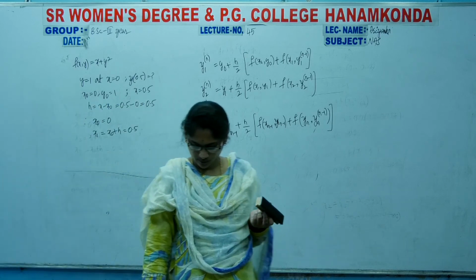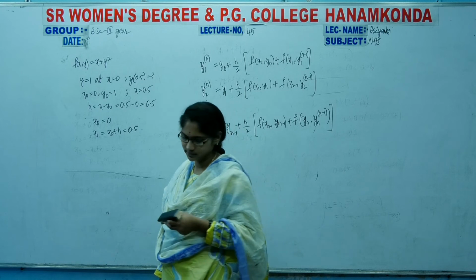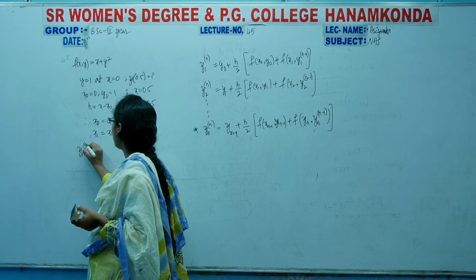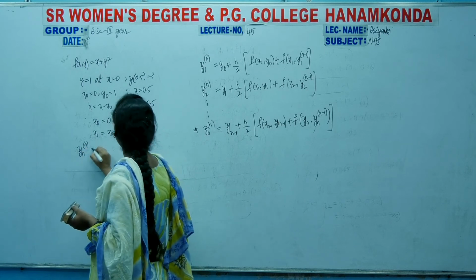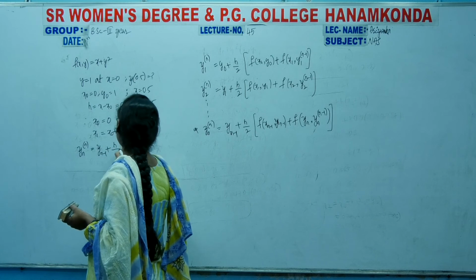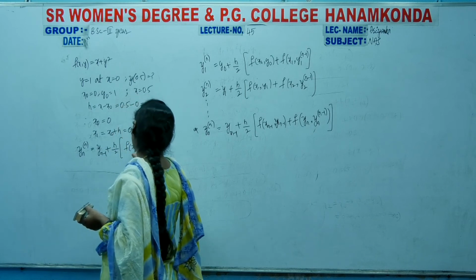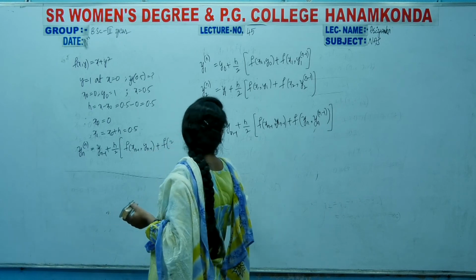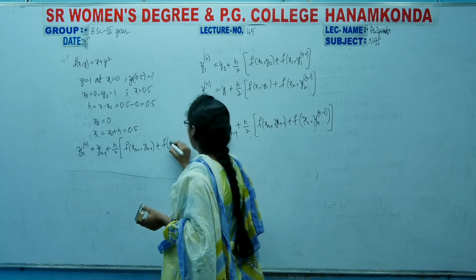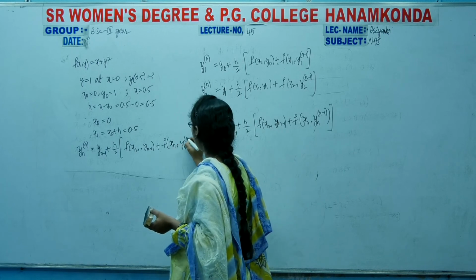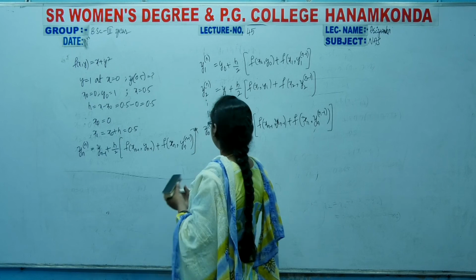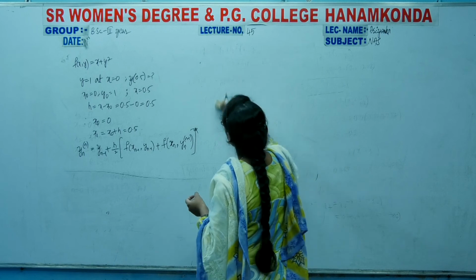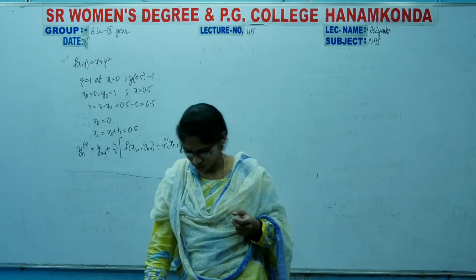Now by using the modified Euler's method, the formula is yn whole power n is equal to yn minus 1 plus h by 2 of f of xn minus 1 comma yn minus 1 plus f of xn comma yn power n minus 1. Now we have to put n equal to 0, 1, 2 and so on.